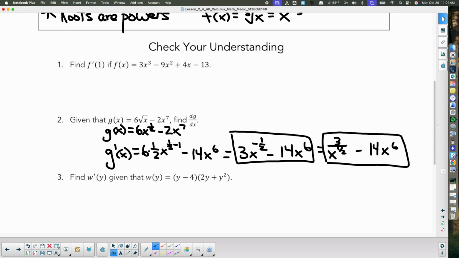Kaylee, are you feeling confident enough about number 1? You can write it up there whenever you want. Oh, I didn't even notice it says f prime of 1. I thought it was just f of x, f prime of x. Do you feel confident enough about f prime of x? Okay. You can write it up there whenever you feel like it then.